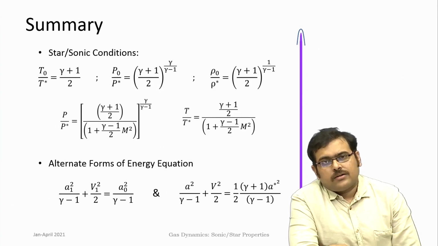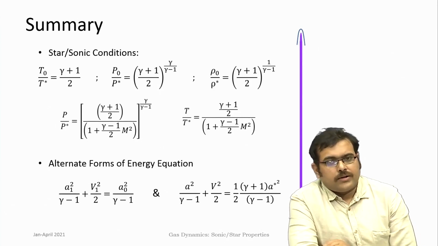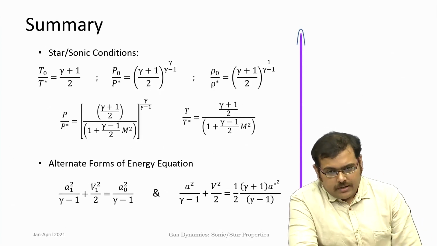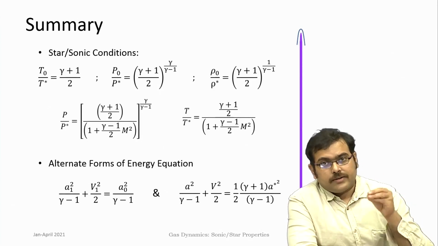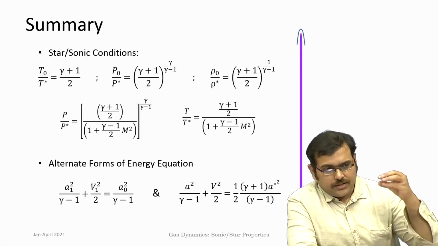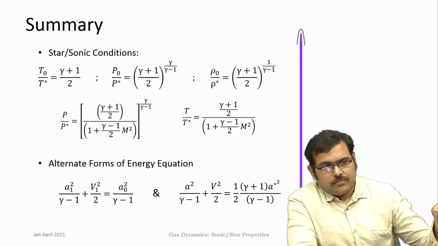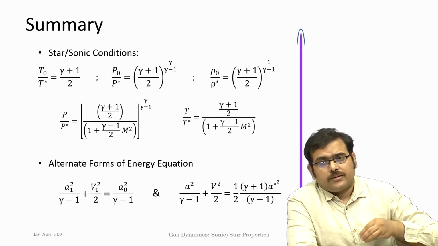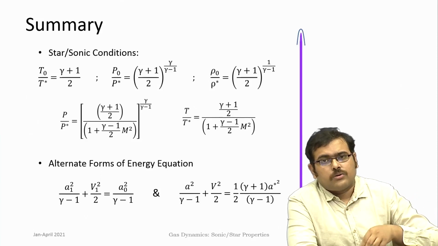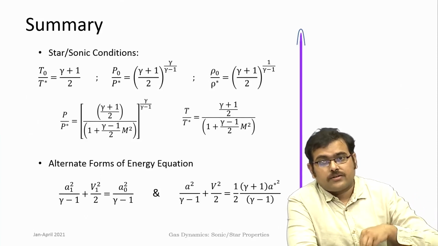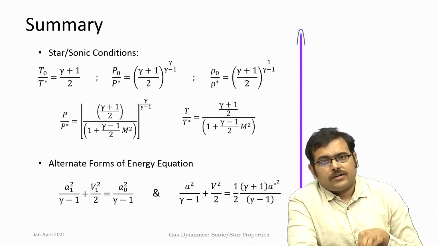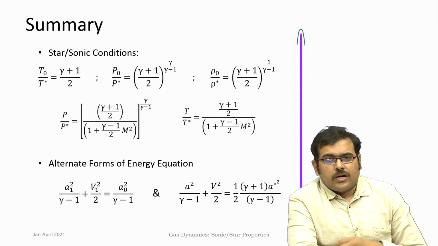The other important case is the critical point. Taking flow at any point, with Mach number, through a certain isentropic process you make it go to Mach number equal to 1. That condition is known as the star condition, the sonic condition.